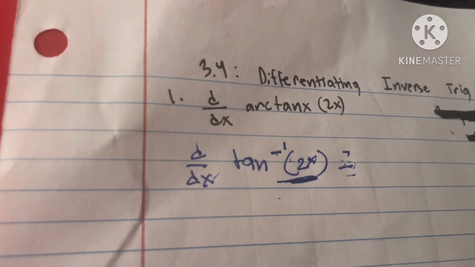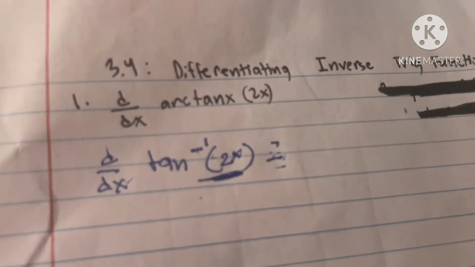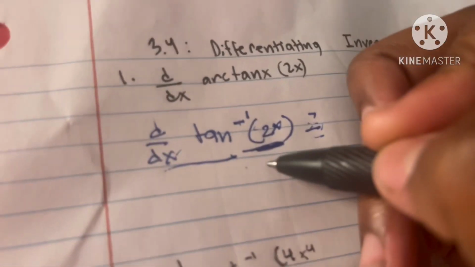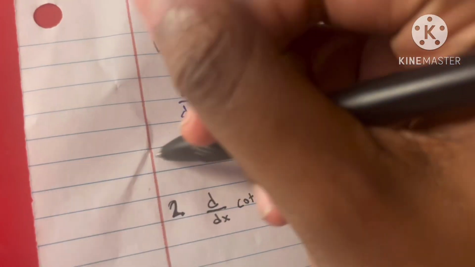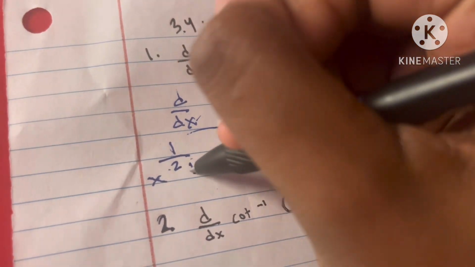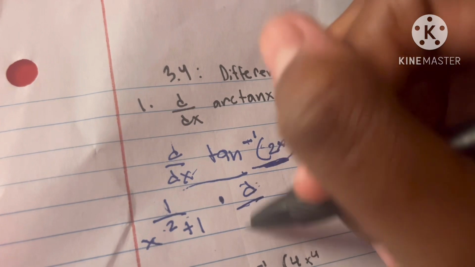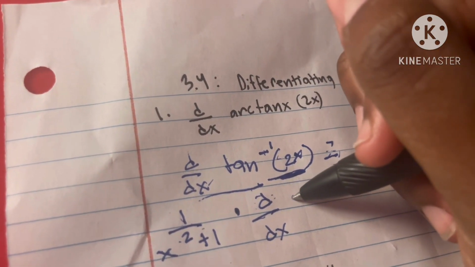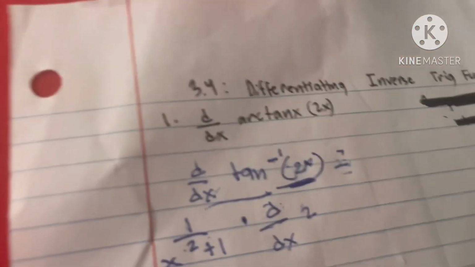So yeah, hold on. I did this whole thing wrong. Basically, we're supposed to do chain rule because this whole thing is on the outside of the parentheses, but that is no problem. So your formula will be 1 over x squared plus 1 times the derivative of 2x, d over dx of 2x, which would just be 2.